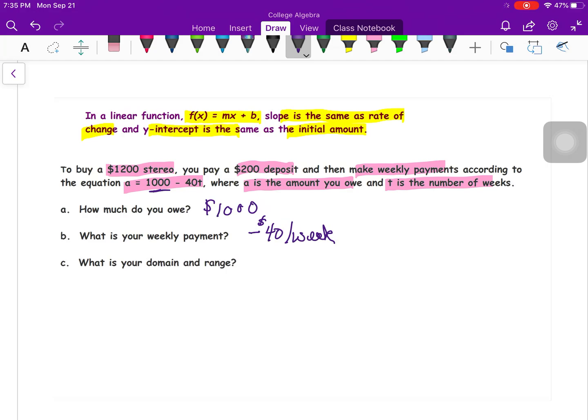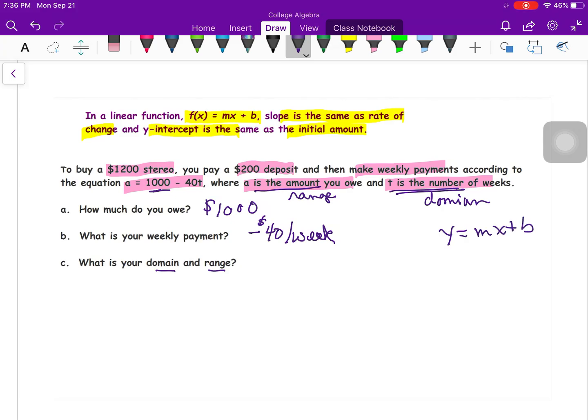What is your domain and your range? Well, my domain would be my t's, and my range would be my y's, which are my A's, because y equals mx plus b.